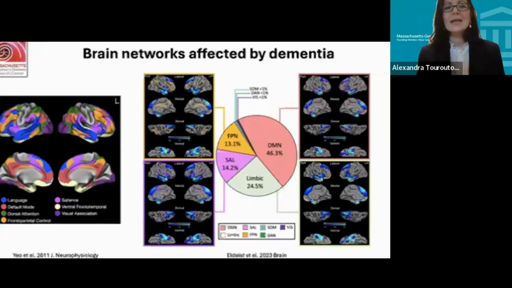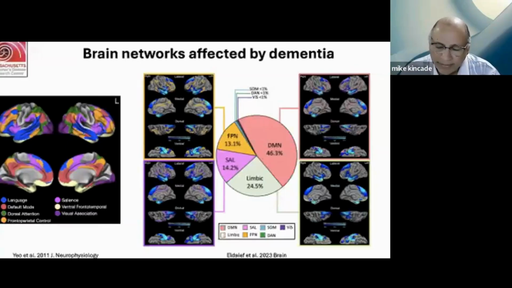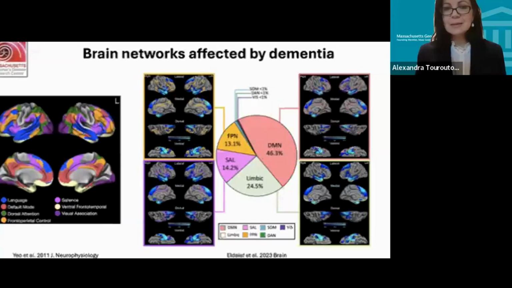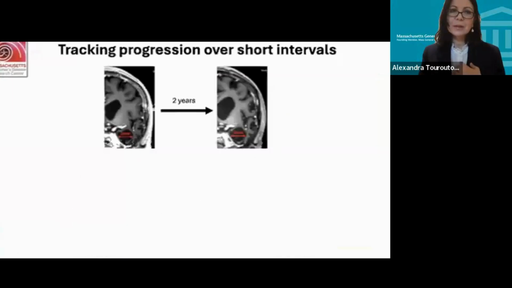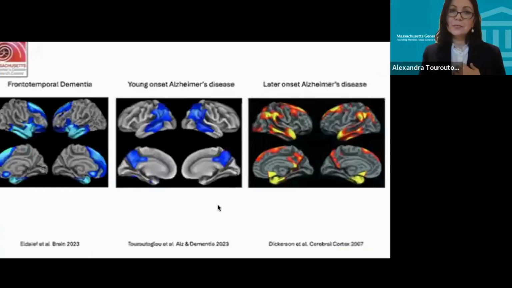To answer your question about Alzheimer's disease and age, there are young onset and late onset forms. There is Alzheimer's disease, which is what I showed you earlier, and I can show you here the signature of atrophy, of shrinkage in the brain.